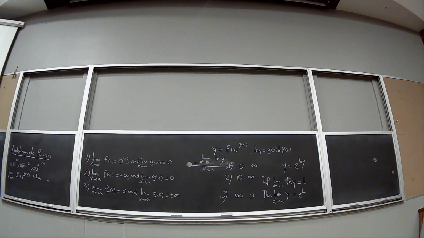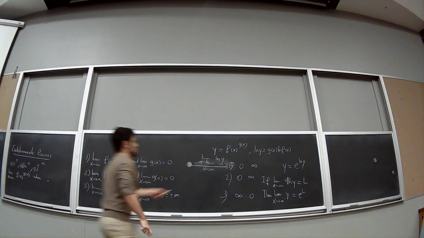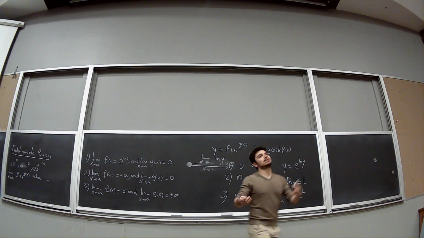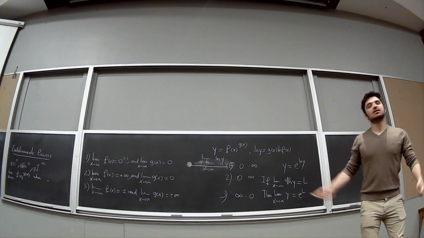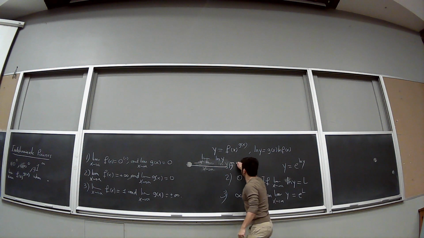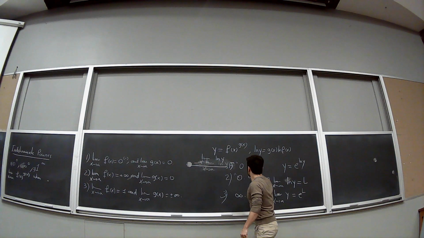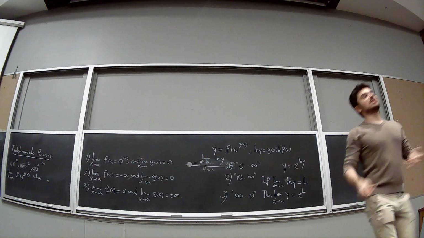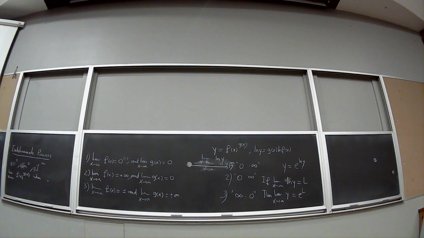Oh, you mean the sign here? Yeah, sure. I mean, this is just the form. When I say the form, I drop the signs. This is not a number. But you see the form is 0 times an infinite. Is that good? Okay, great.